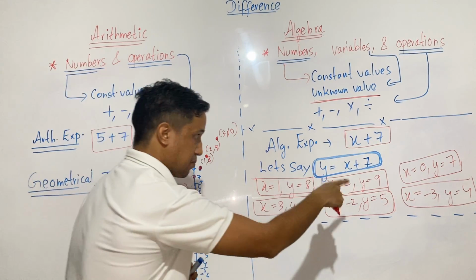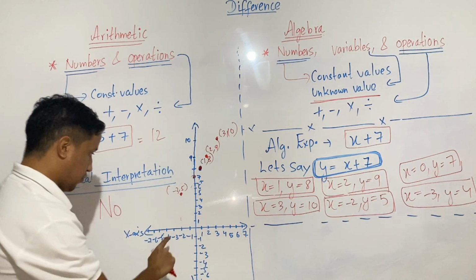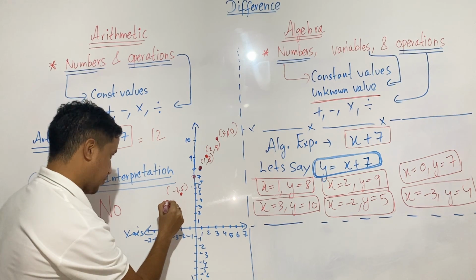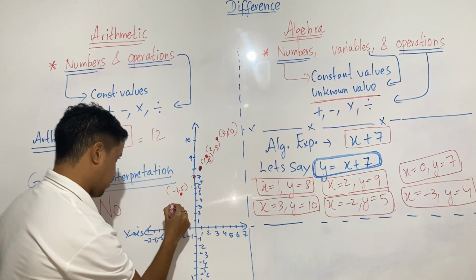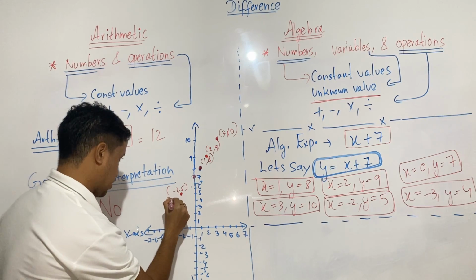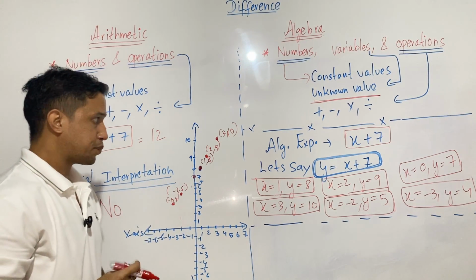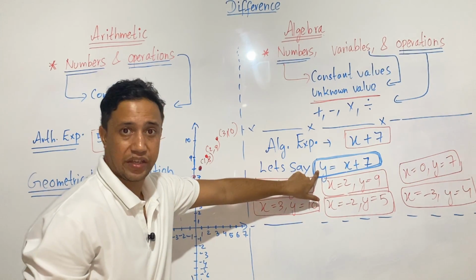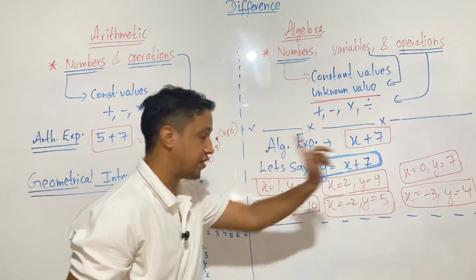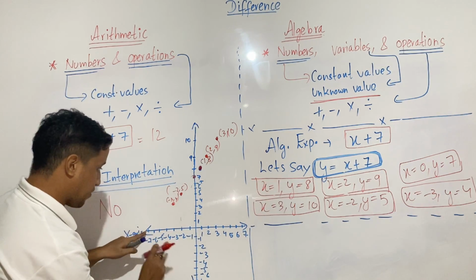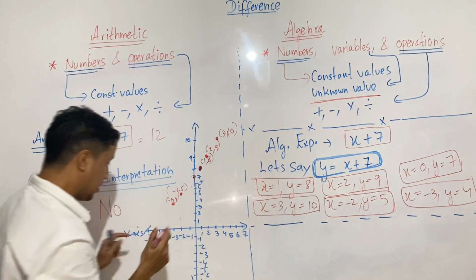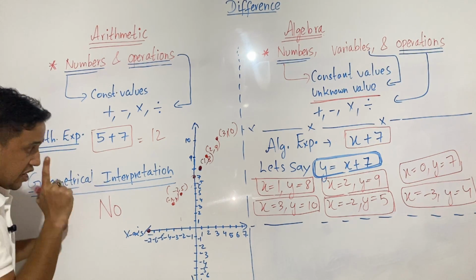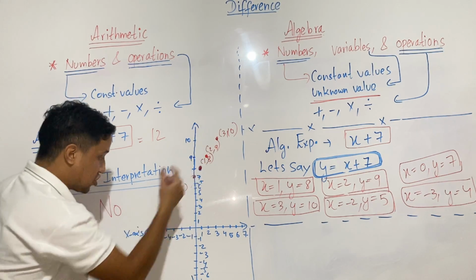If you put x as minus 3, y is going to be 4, so this is the point minus 3, 4. Now if you put x as minus 7, y is going to be minus 7 plus 7, which is 0, so this is the point.